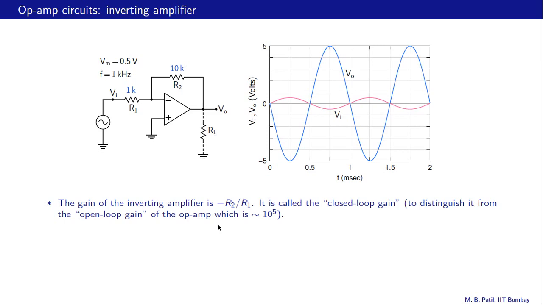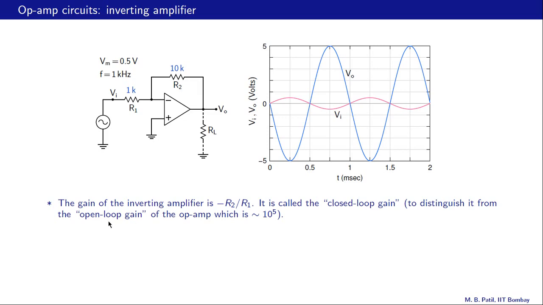Let us make a few observations. The gain of the inverting amplifier is minus R2 by R1, as we have already seen, and it is called the closed loop gain to distinguish it from the open loop gain of the op amp, which is very large, 10 raised to 5 or so for the 741 op amp.